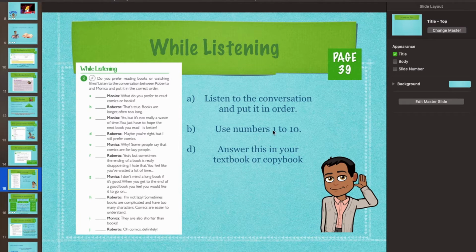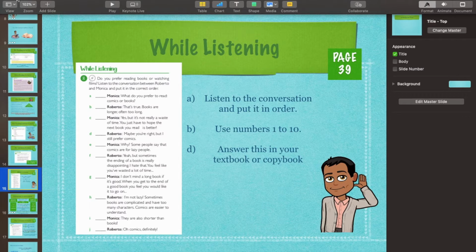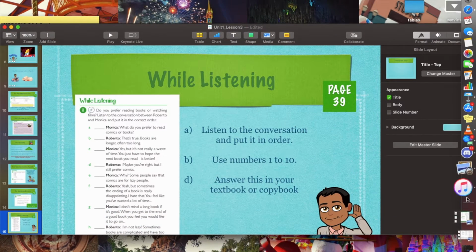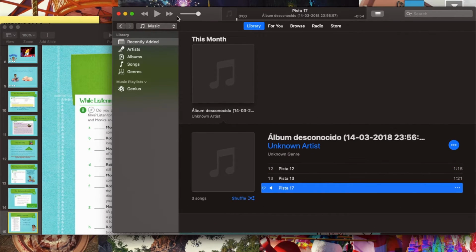You can use numbers 1 to 10, so you write it right here. And this must be answered in your textbook or copybook. It's okay. Okay? So you listen to the conversation and you put it in order. I'm going to play the recording now. Give me a second. Here we go.